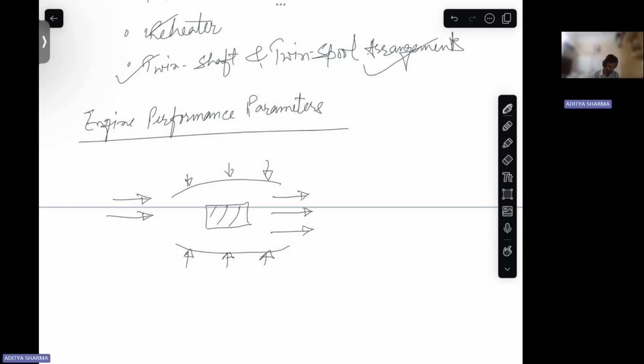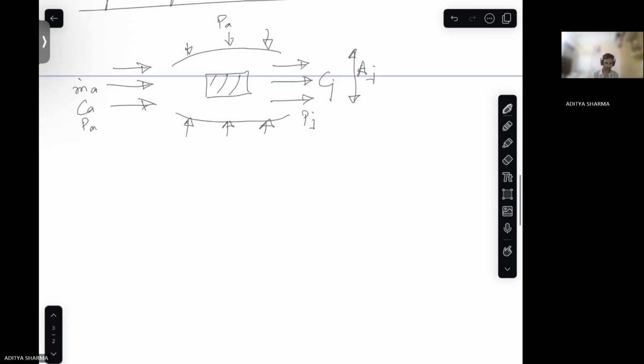This is your engine where air is entering, air is exiting. Here is the surrounding pressure, mass flow rate at inlet, velocity at inlet, pressure at inlet, then pressure at exit, velocity at exit, and then this is the exit area AJ of the jet. Okay.